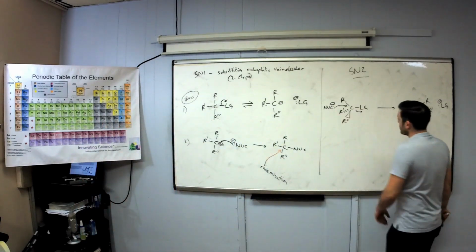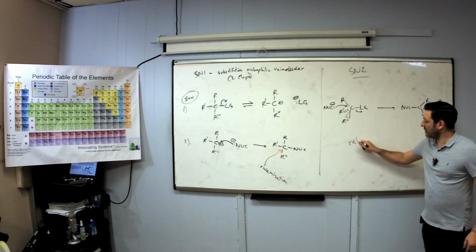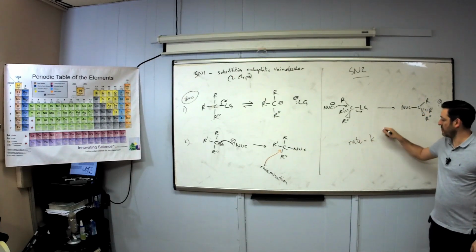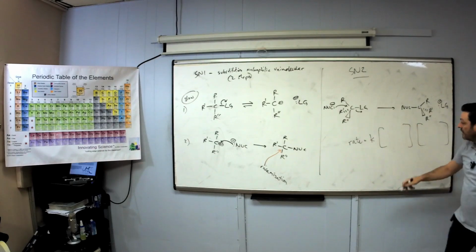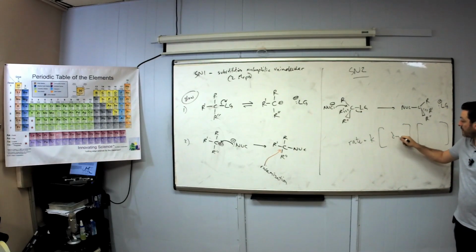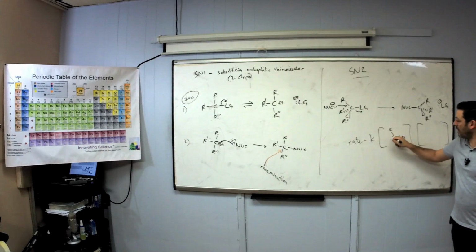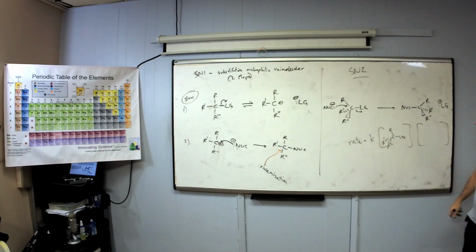And since this is all happening at once, what is the rate law of this? The rate is equal to K times the concentrations of both of the things that you see, which is going to be carbon, leaving group, R, R, R, R prime, R double prime, and nuc. Suddenly nuc gets its day, right?